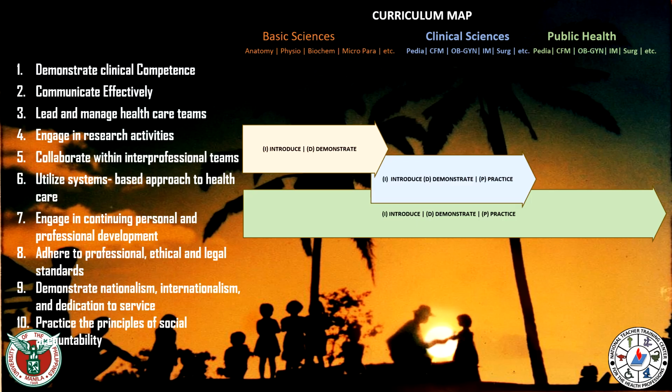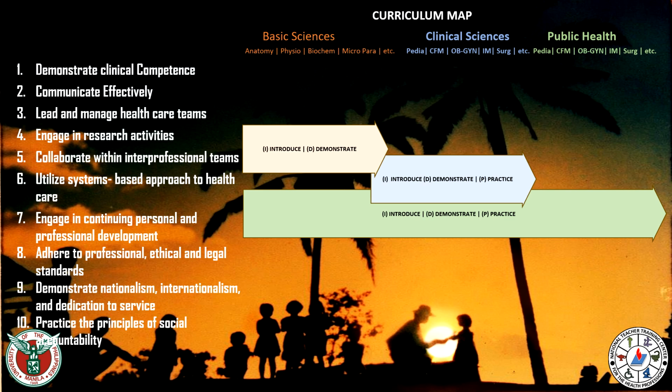So if you are to appreciate, for example, the formulation of the outcomes using Bloom's taxonomy, the basic sciences can go from introduce, demonstrate, or lower order thinking. But as you go to clinical science, you go from demonstrate to practice.